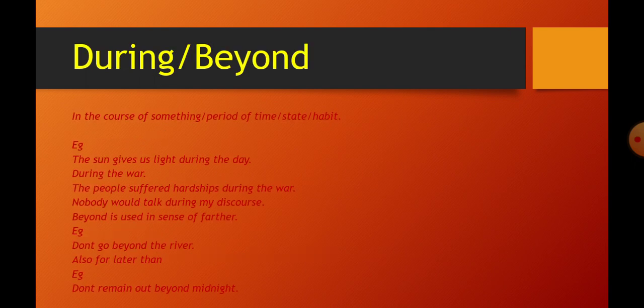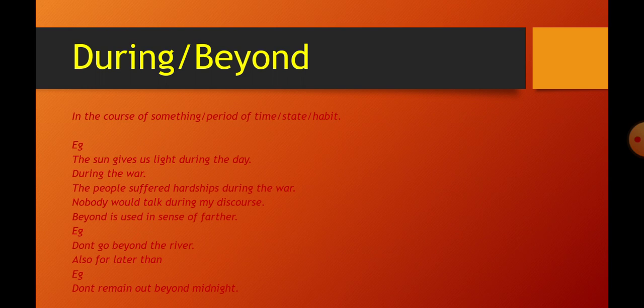During, beyond. During is in the course of something, period of time, habit or state. The sun gives us light during the day. During the war, the people suffered hardship. During the war, that means during the period of war. Nobody would talk during my discourse.